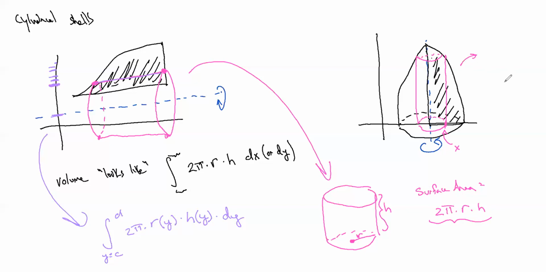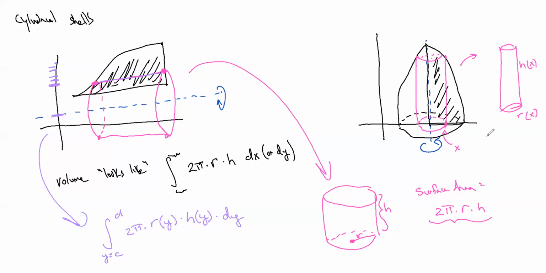And when I pull out that cylindrical shell, it's going to look like this. It's going to have a certain height and a certain radius, and both of those will depend on the specific x value that I chose. So r of x, h of x.